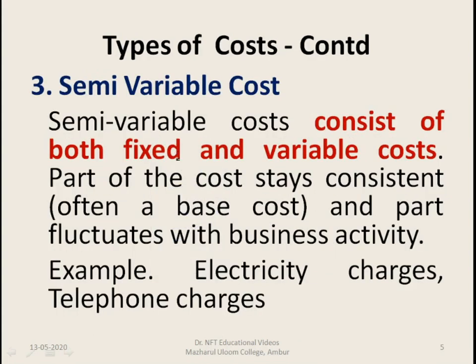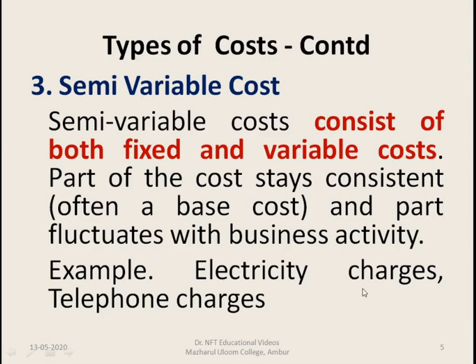Now, what is semi-variable cost? Semi-variable cost consists of both fixed and variable cost. That is, part of the cost stays constant and part fluctuates with business activity.